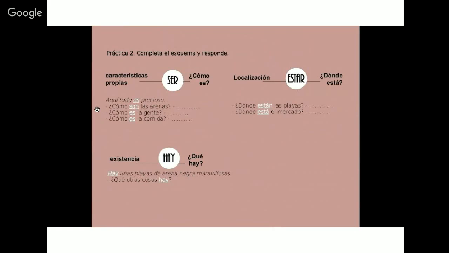Entonces, la primera pregunta. ¿Cómo son las arenas? Which means, what is the sand like? So here you have to check the text to find the answer.